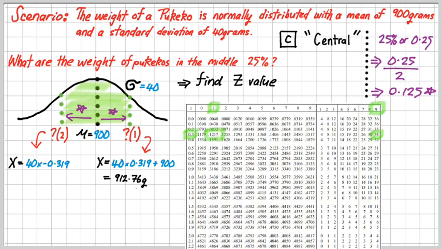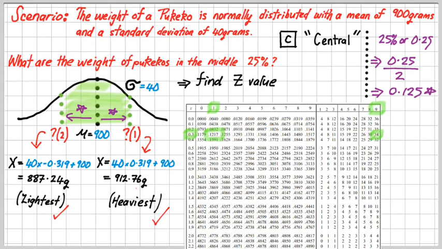Hence we've gone 40 times negative 0.319, adding the 900 on, and we get an answer of 887.24 grams. In order to answer this question, we need to think about which value is the lightest weight of the pukeko and which value is the heaviest.